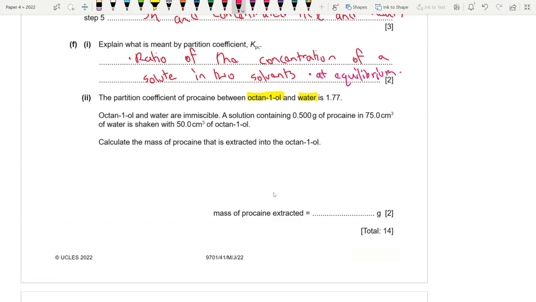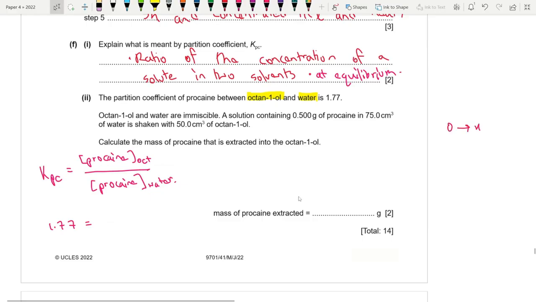So this is it. So let's write this. So KPC is equal to, I told you, it's basically procaine in octane 1-ol divided by procaine aqueous in water, basically, yeah. So the value of KPC is 1.77, and initially there's nothing in procaine, right? It's 0.